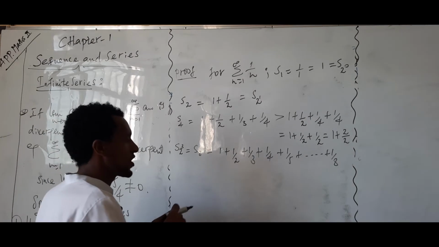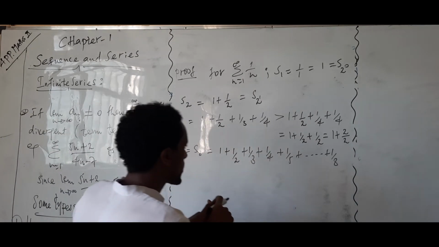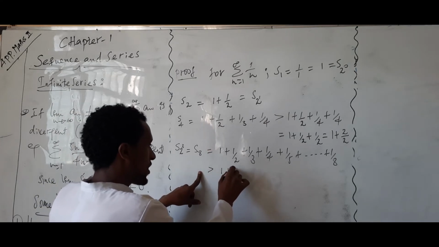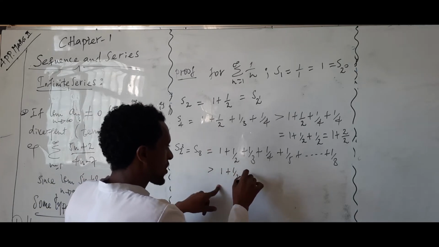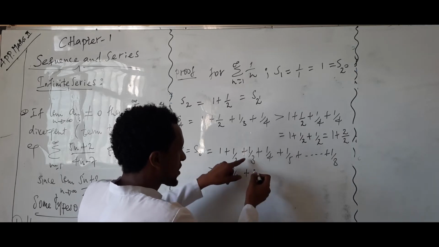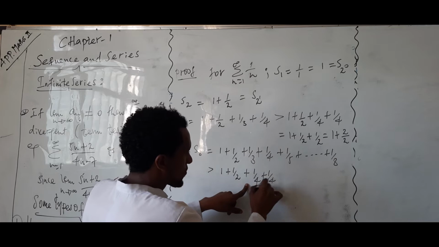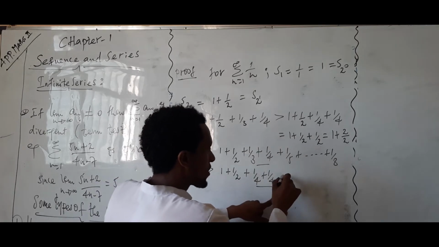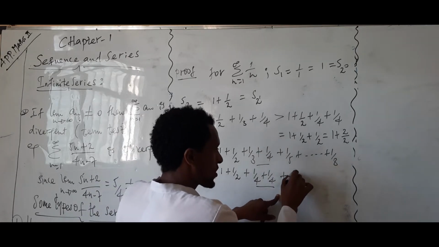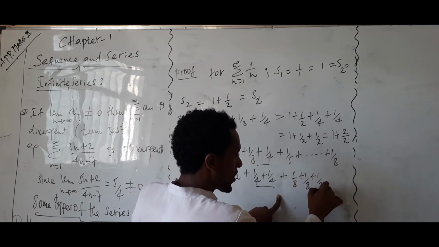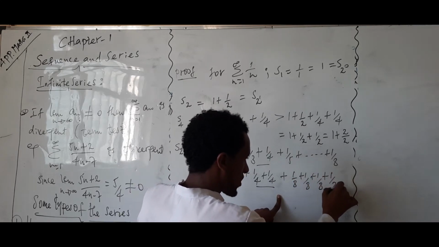This one is greater than 1 plus 1 over 2 plus 1 over 4 plus 1 over 4 plus 1 over 8 plus 1 over 8 plus 1 over 8 plus 1 over 8.